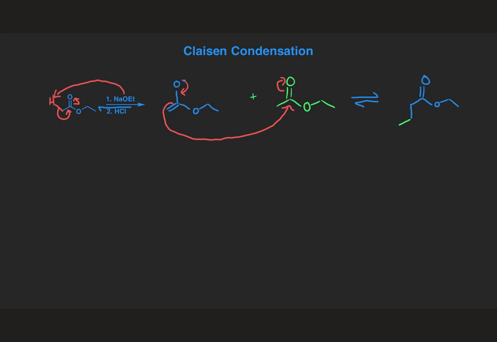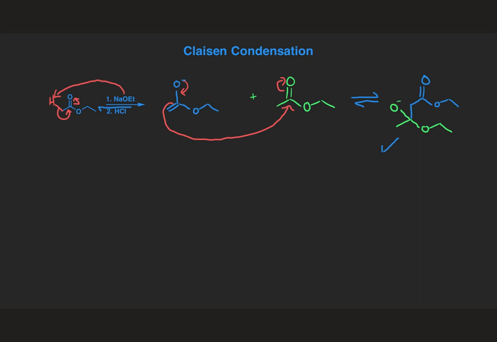Let's keep our color coding the same. This is O minus. This is the ethyl group here. So this is where the Claisen condensation and the aldol reaction diverge.